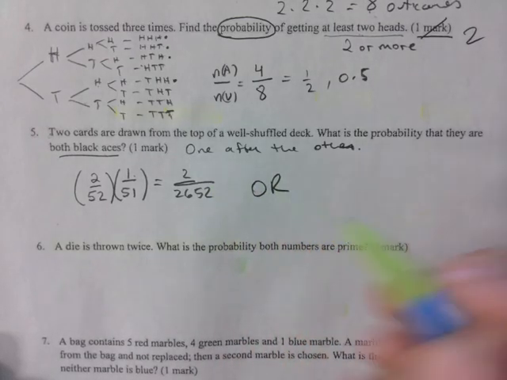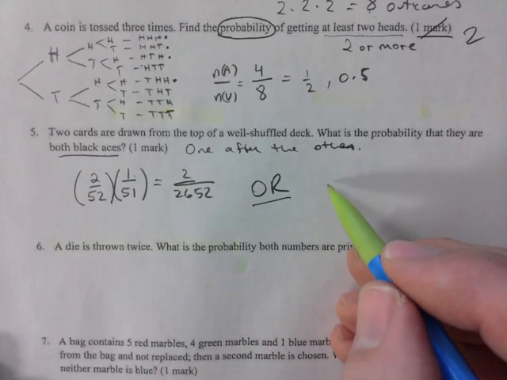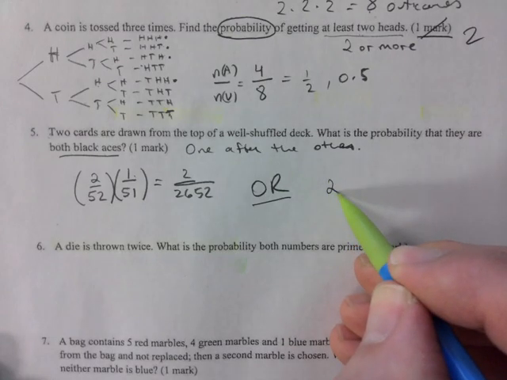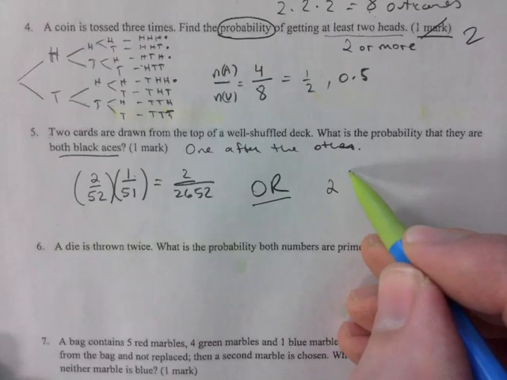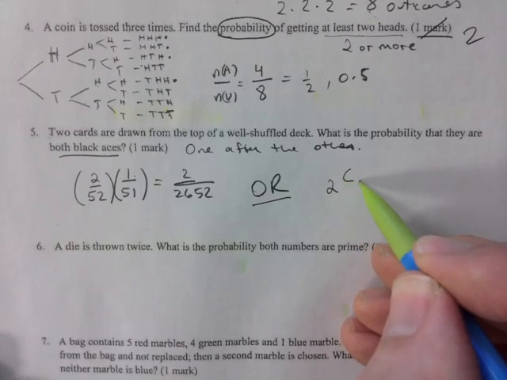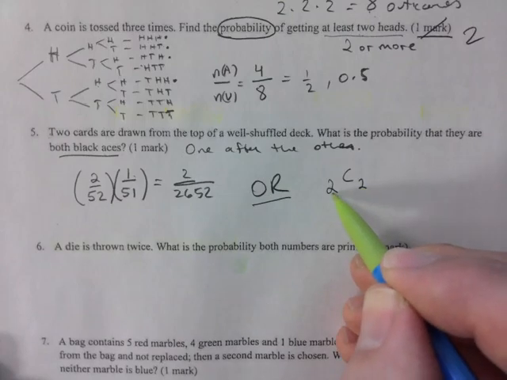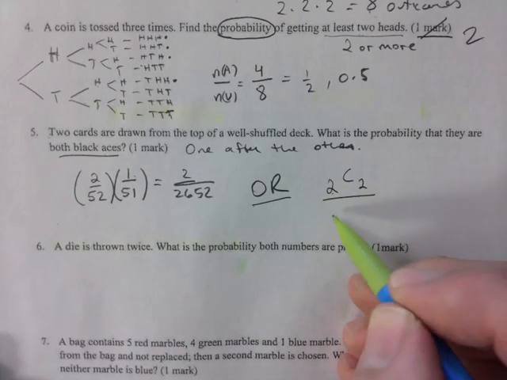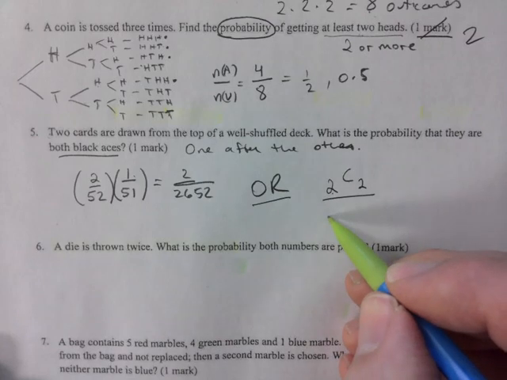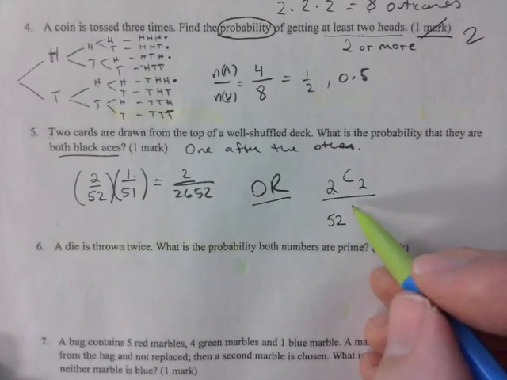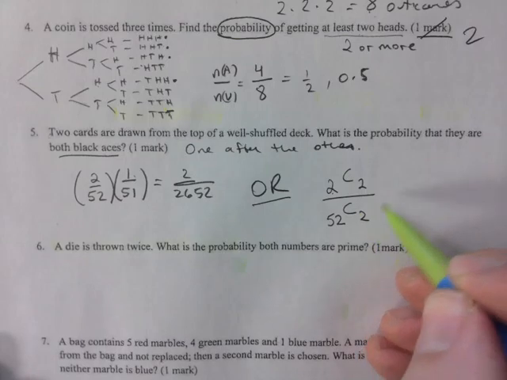And you're basically done there, right? Or, watch this. I don't know if some of you caught this. You could do, out of 2, we choose 2 black, we want 2 right in a row, and then in the denominator, out of the 52, we choose 2 cards.